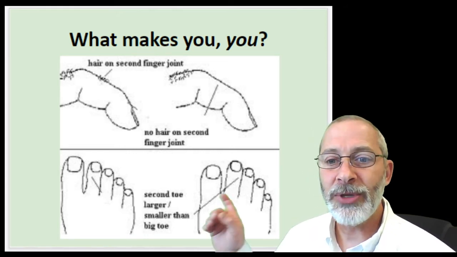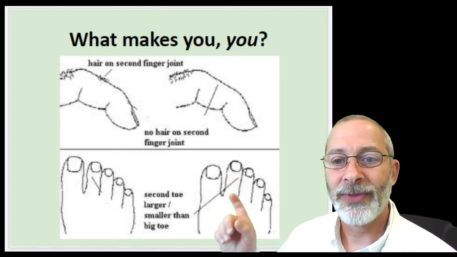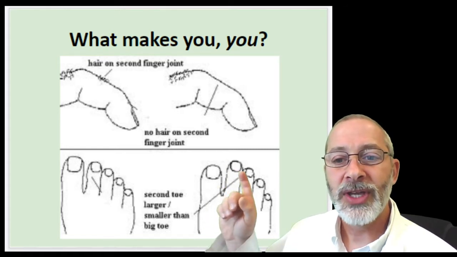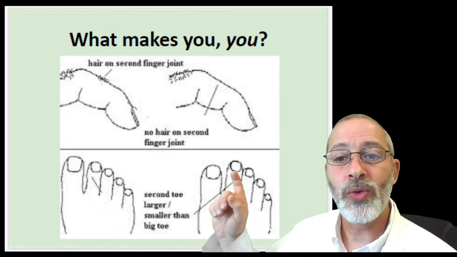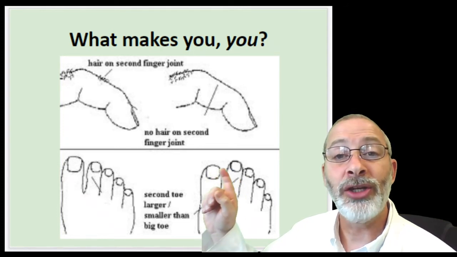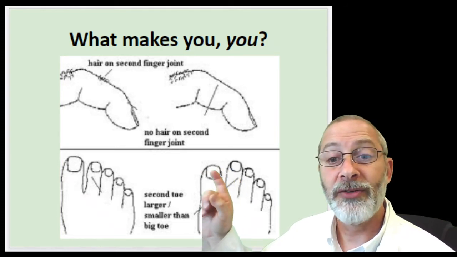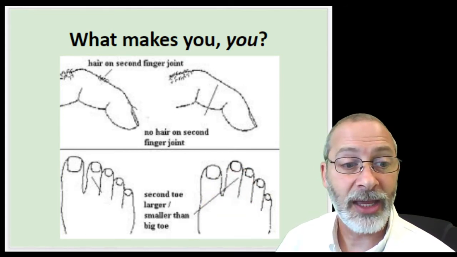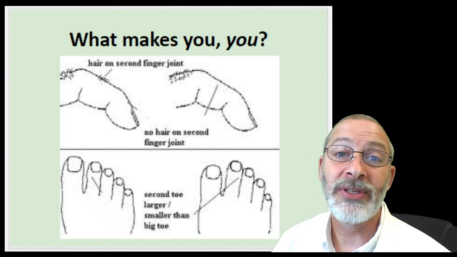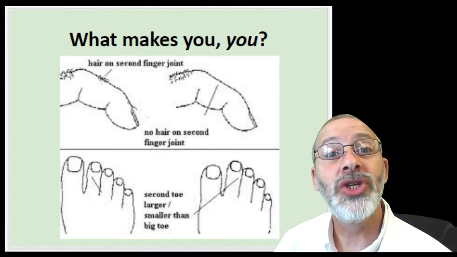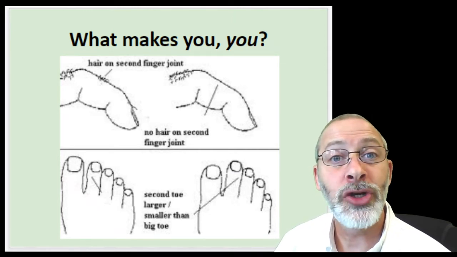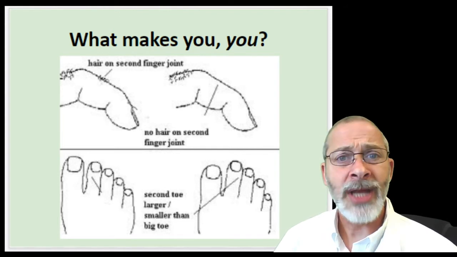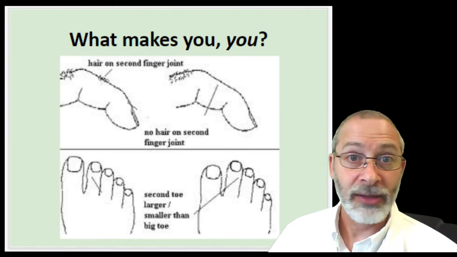But look at the image on the right-hand side here. Some folks have a second toe which is longer than their first toe. That is a genetic characteristic. I happen to have a second toe which is longer than my first toe, which is not a bad thing. It's just a thing. That's all.